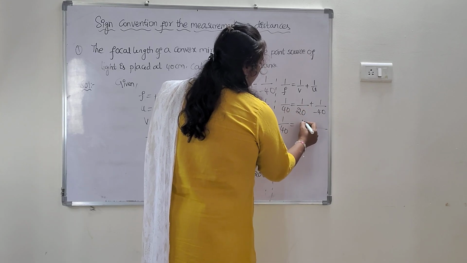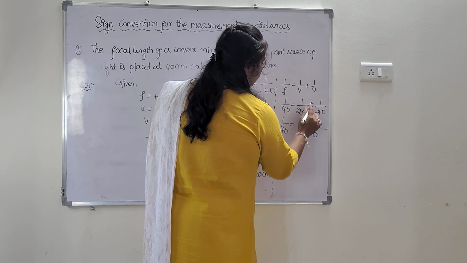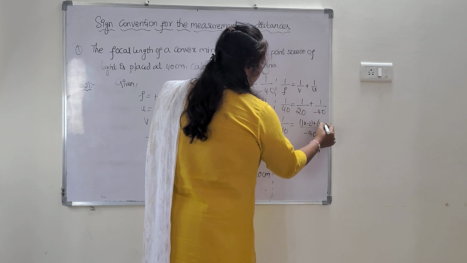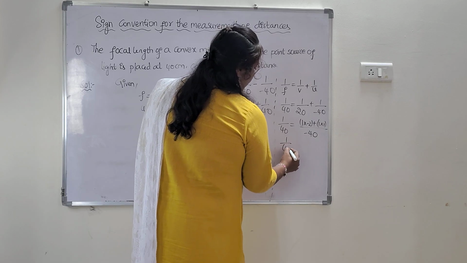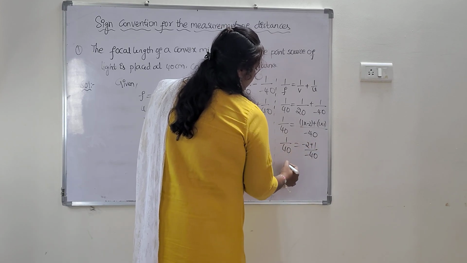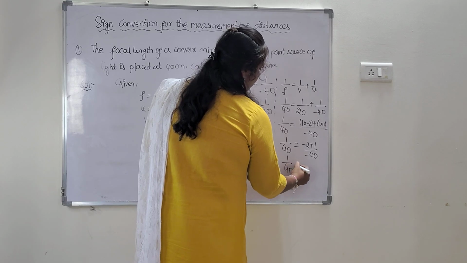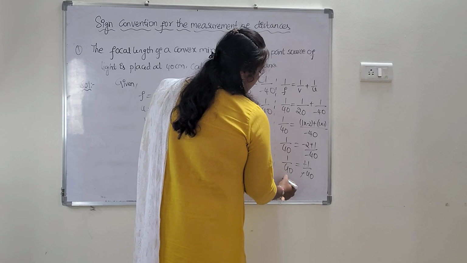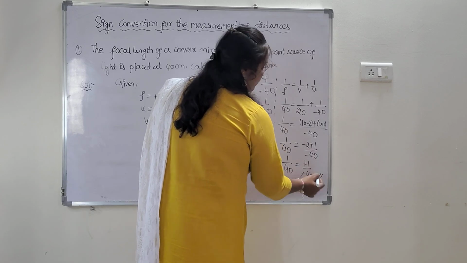So directly I am writing here minus 40. 1 into minus, oh sorry, here you should get 2. 1 into minus 2 plus 1 into 1. So 1 by 40 is equal to minus 2 plus 1 by minus 40. 1 by 40 is equal to minus 1 by minus 40. Minus minus cancel. 1 by 40 is equal to 1 by 40.